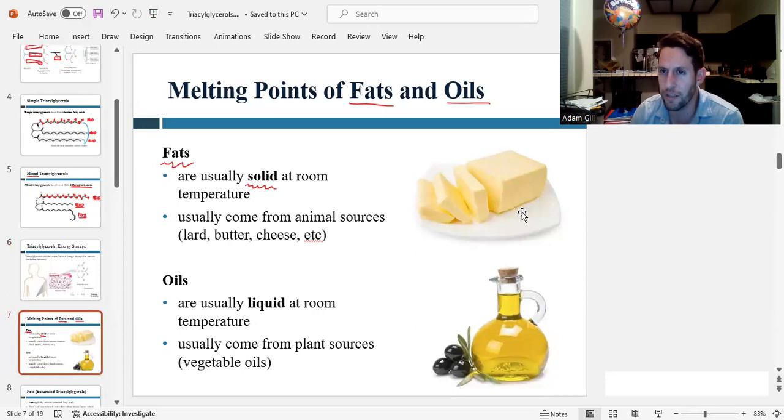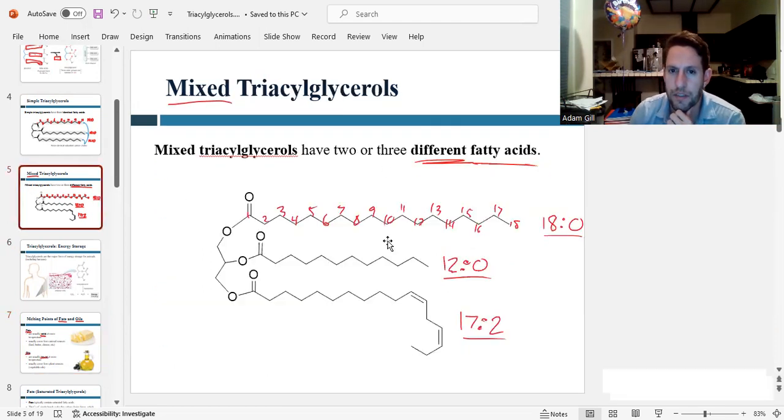They're oily, but they're solid at room temperature. And an oil is something that's a liquid at room temperature. These usually come from plant sources, like olive oil, canola oil, your typical kitchen cooking oils. These are liquids, whereas fats are solids. So two terms, but at the molecular level, they're all triacylglycerides.